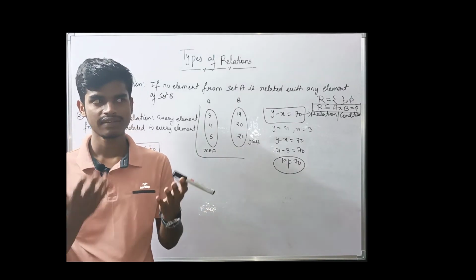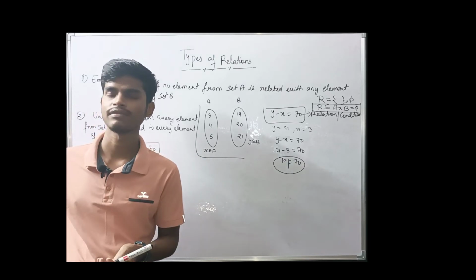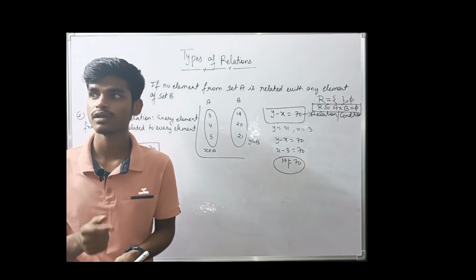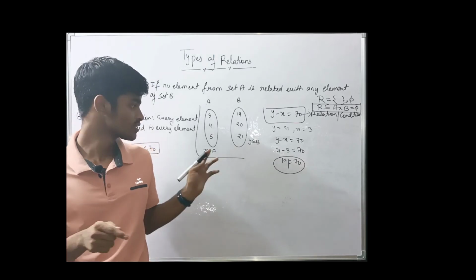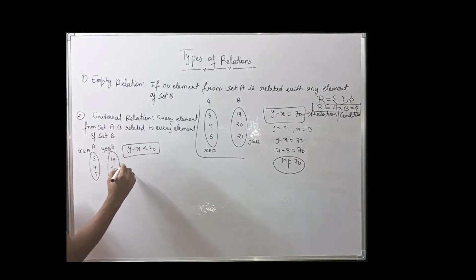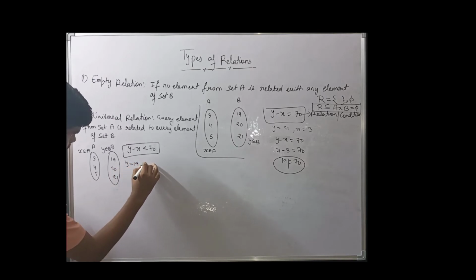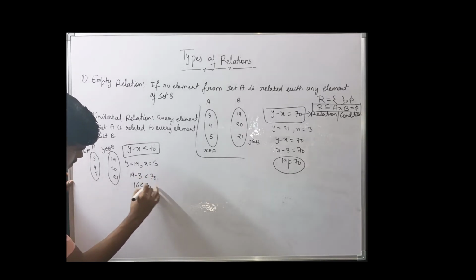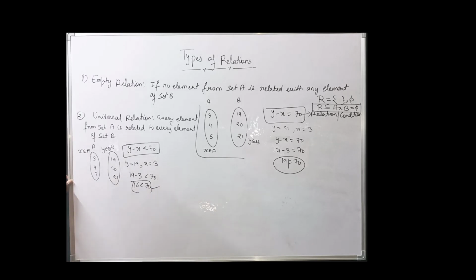If I take a 19-year-old student and a 5-year-old student, the age difference is 14, which is less than 70. Any combination you make is less than 70. If I take y to be 19 and x to be 3, 19 minus 3 should be less than 70. It comes out to be 16, which is less than 70. So this is a true statement. Take any combination, all of them will give you the same answer: less than 70.